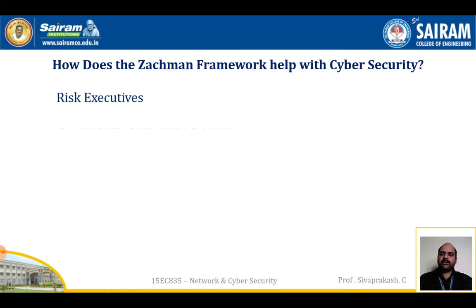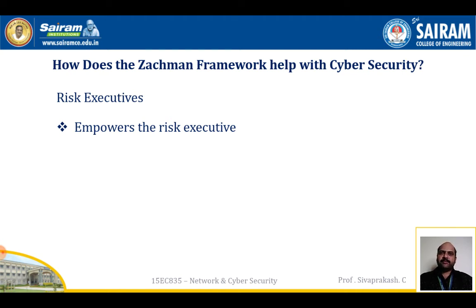The risk executive function is a key stakeholder in the enterprise's investment decisions, in particular information technology investments. The risk executive is not part of an IT shop but provides a business management perspective on the risk in row 2 of the Zachman framework.